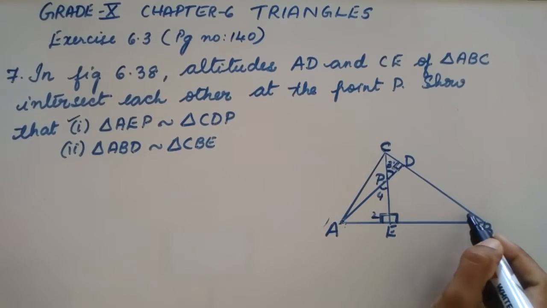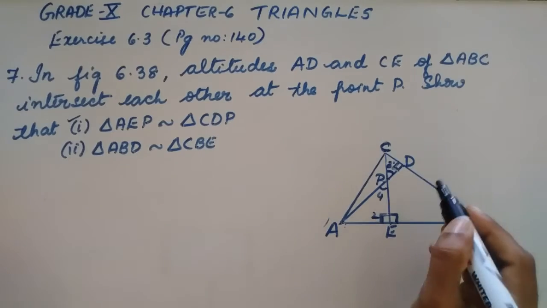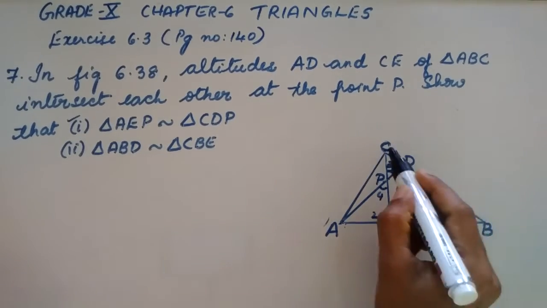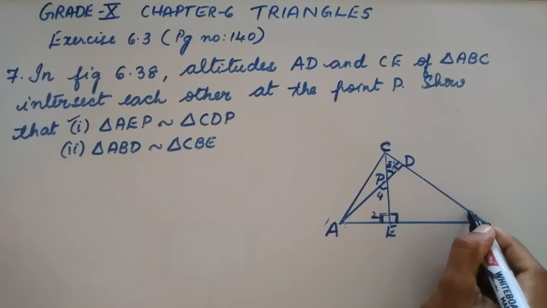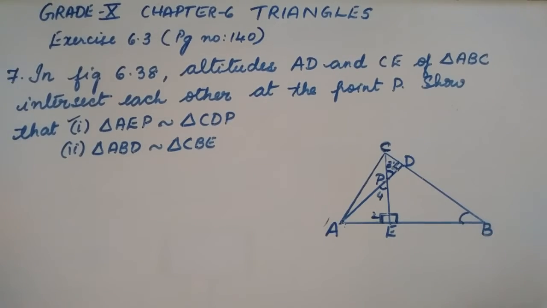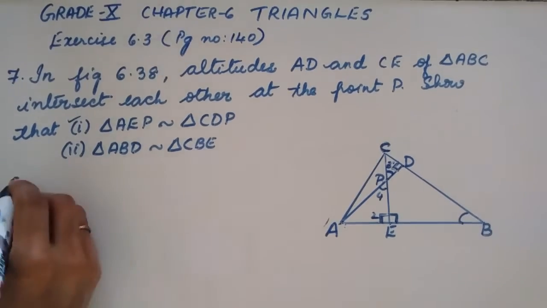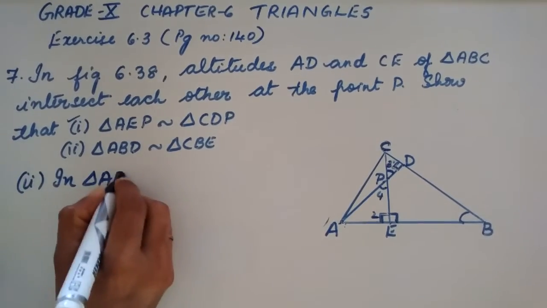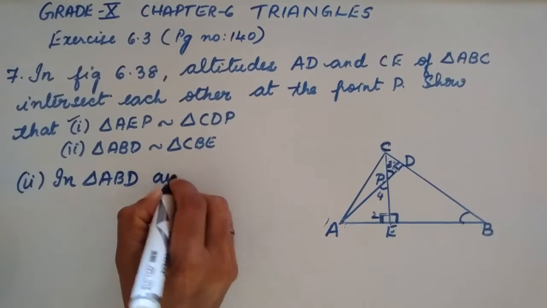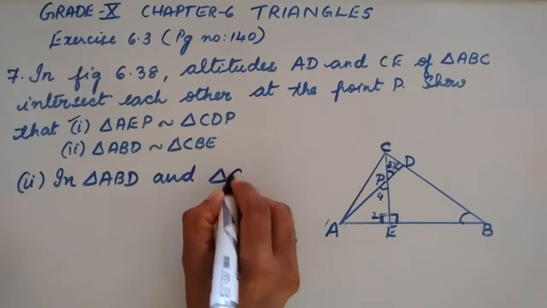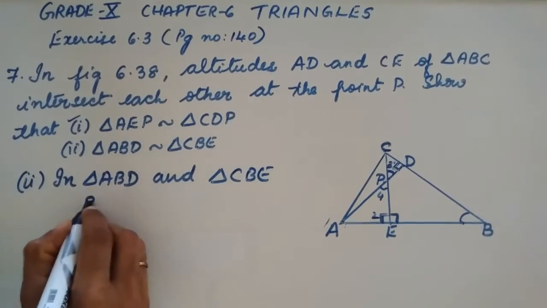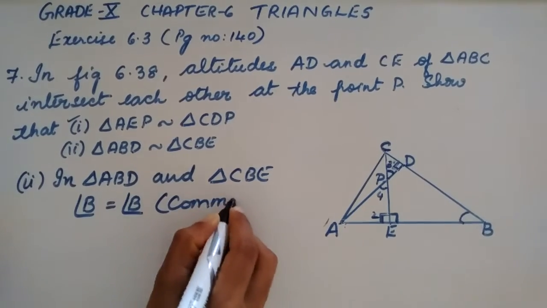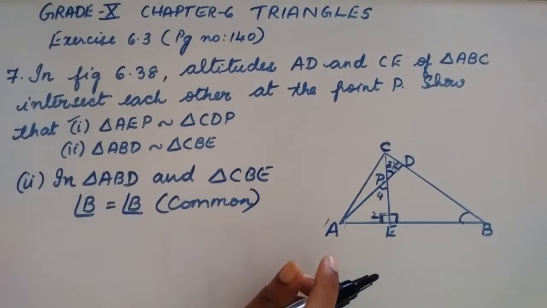The common angle for both triangles, triangle ABD and triangle CBE, is angle B, isn't it? So in triangle ABD and triangle CBE, angle B is equal to angle B. So it is a common angle.